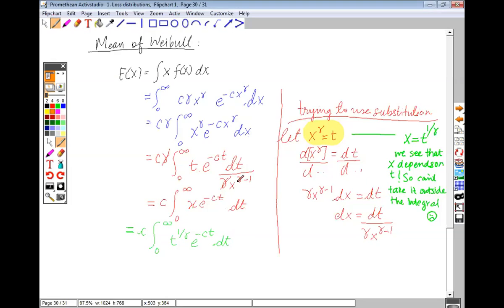So you have to take care of the limits of the integral. This is my lower limit and this is my upper limit, right? So you write subsequent values for t. If x is 0, what will your t be? 0, right? And if my x is infinity, what will my t be? Infinity, which is why you have these limits 0 to infinity.